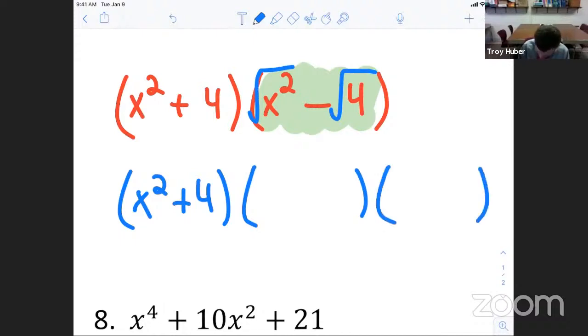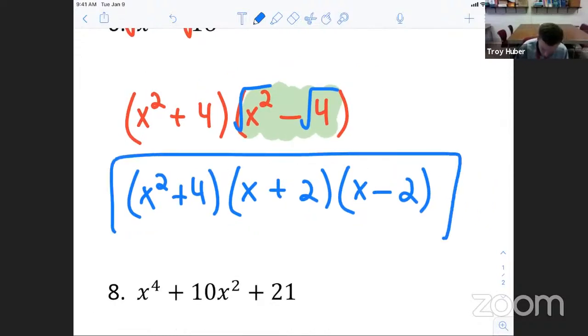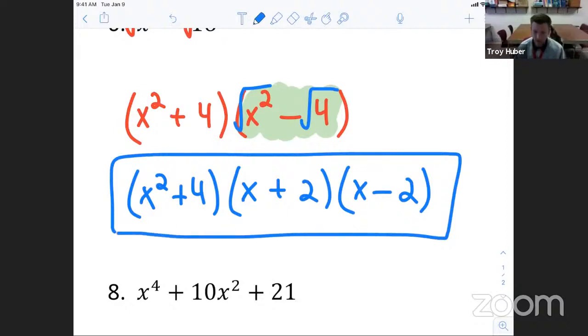The square root of x squared would be x. All right, and the square root of 4 is 2, because 2 times 2 is 4. And we make one addition and one subtraction to cancel out that middle term. All right, and now this would be our final simplified answer.